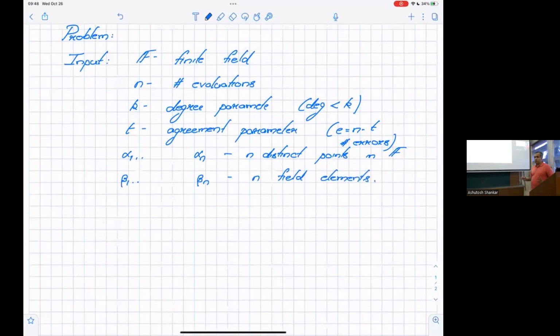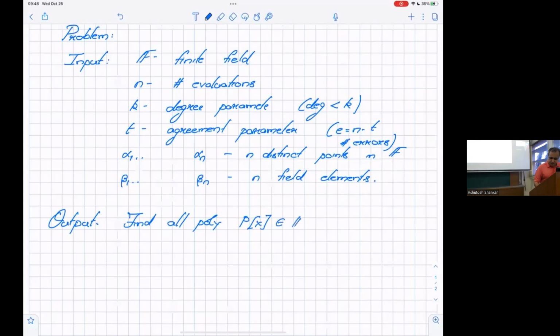So that's the input. And what's the output that we want? Find all polynomials p(x) in F[x] of degree less than k such that these polynomials, when evaluated at the evaluation points, agree with the beta on at least t points.